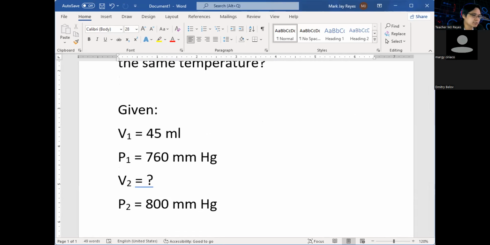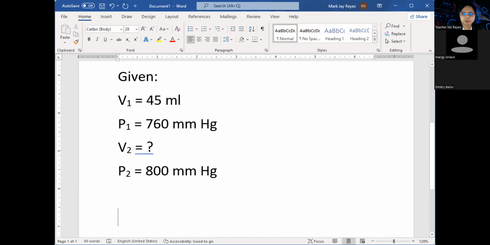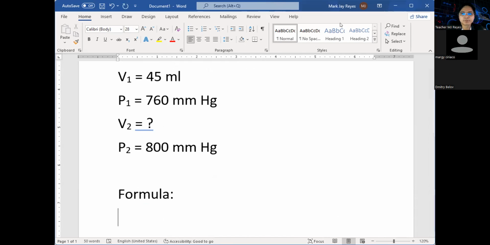Okay, what is the formula in Boyle's law? Check on your notes. The formula for Boyle's law.